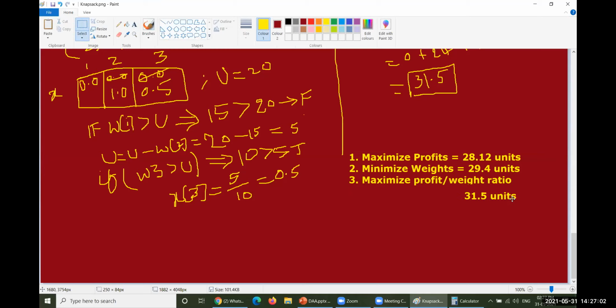So that is the answer for this particular thing here. You need to understand that the profit for weight ratio has given the maximum profit. So the final answer is 31.5 units for this particular problem.